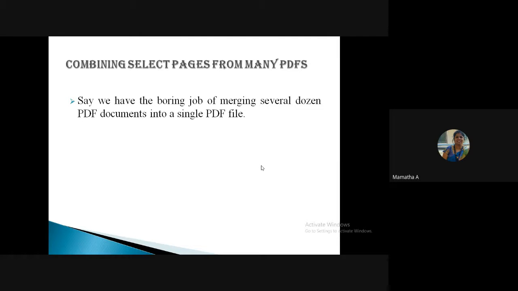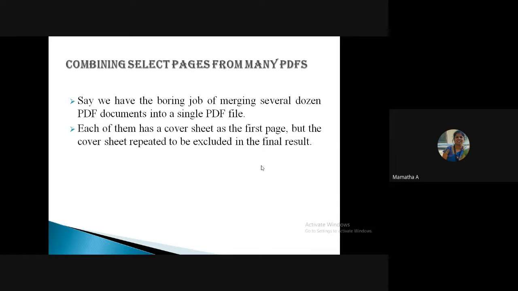Suppose I give you 100 PDF documents. I ask you to create a single PDF, and I don't want you to use an online PDF tool. I want you to write a Python program for the same. How do you do it? The condition here is that every PDF has a cover sheet as the first page. So the cover sheet is to be excluded.